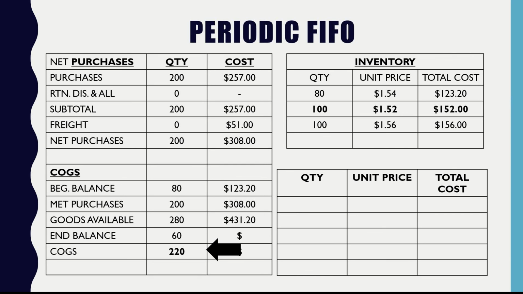You had this batch prior to making any other purchases. So this is the order. It goes 80, 100, 100, okay? With your 80 at 154, then your purchase at 152, and your purchase at 156.